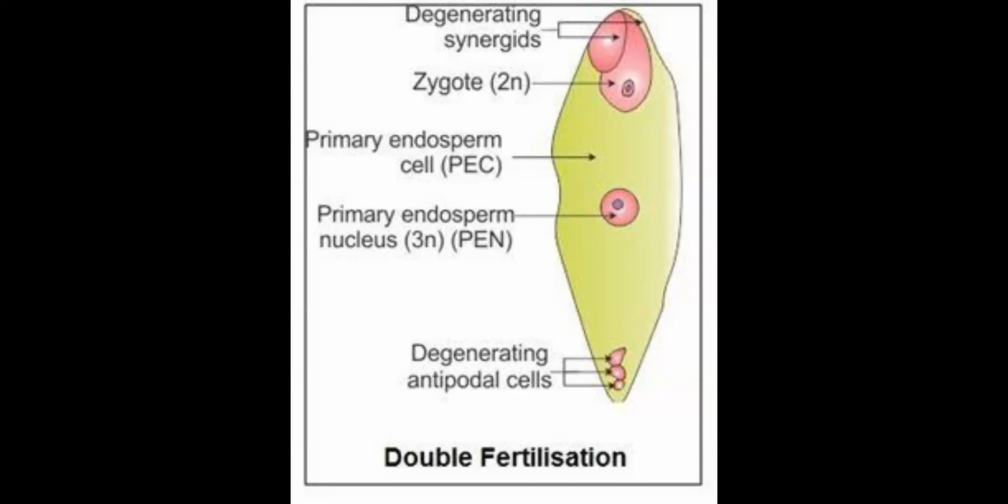The fusion of the two polar nuclei and one male gamete is termed as what? Correct, triple fusion. Both this syngamy and triple fusion occur within the embryo sac. Collectively, this phenomenon is identified as what? It's termed as double fertilization.